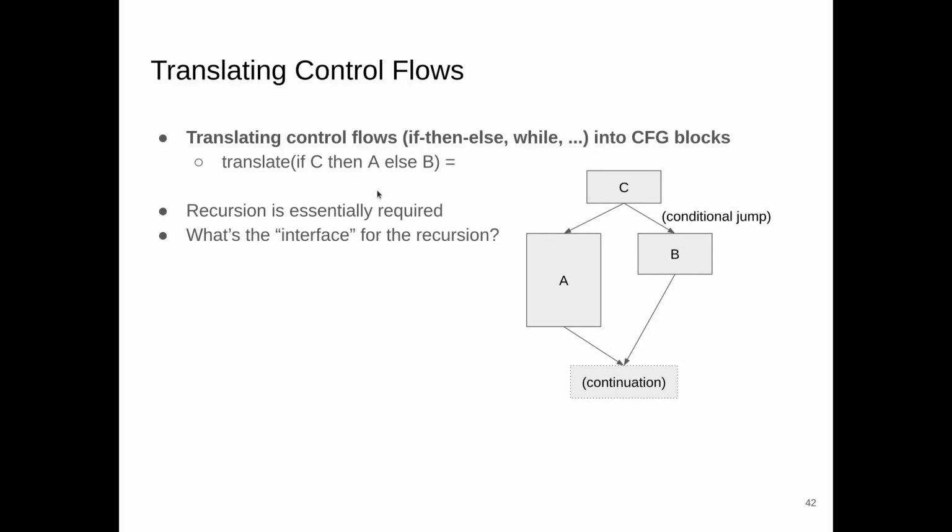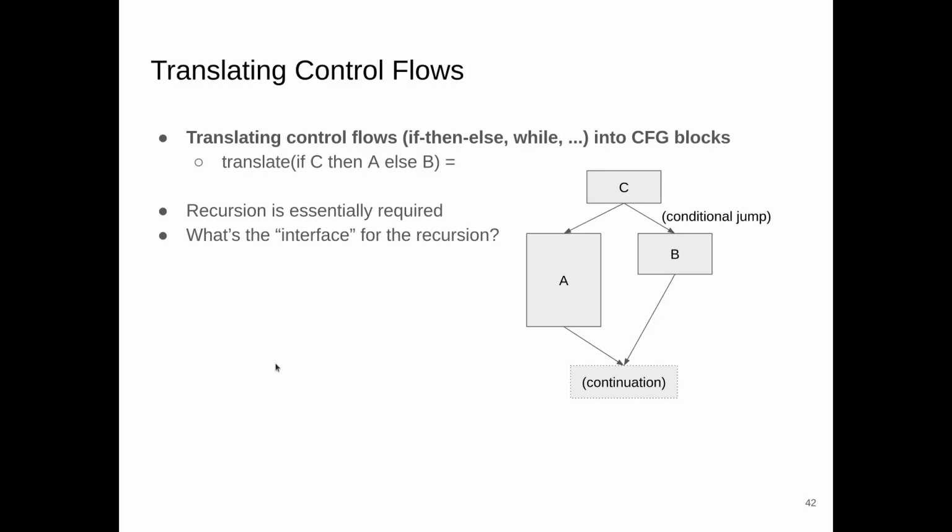So after this if then else statement, you jump to somewhere from which you execute the remaining code. If there is code that is executed after this if then else, then it is going to be translated into this continuation block.